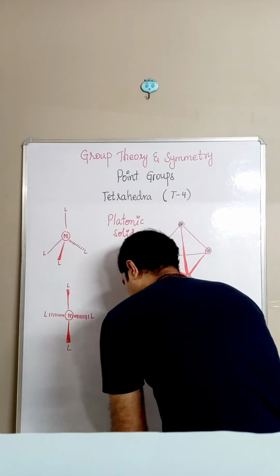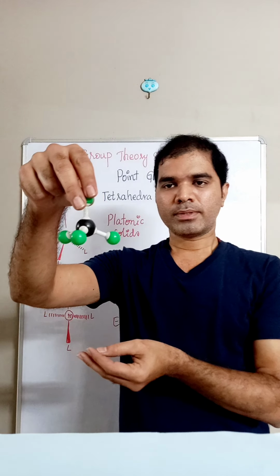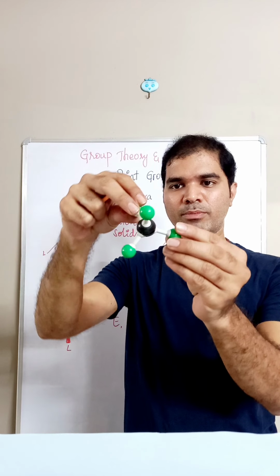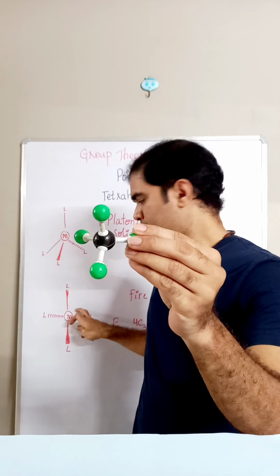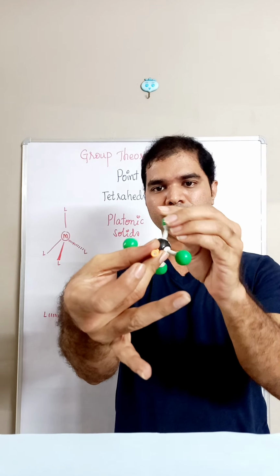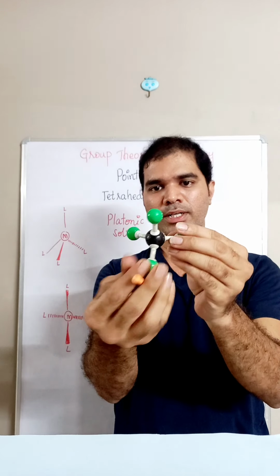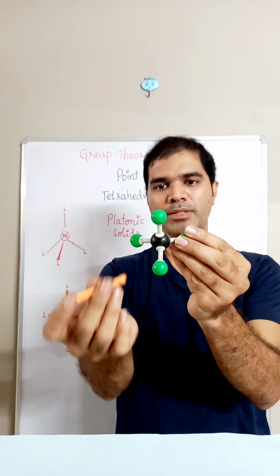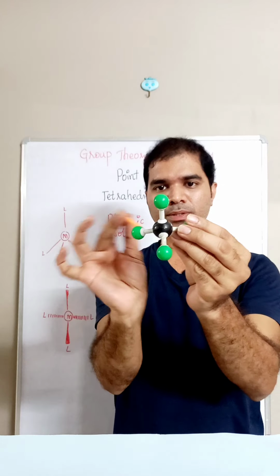There is another special element that I will try to show. If this is considered to be the tetrahedral geometry, I am taking a different orientation, this one. Now this is that C2. Previously it was in a polyhedral model. Now I am showing it in a ball and stick model. So this is the C2 which I am showing.